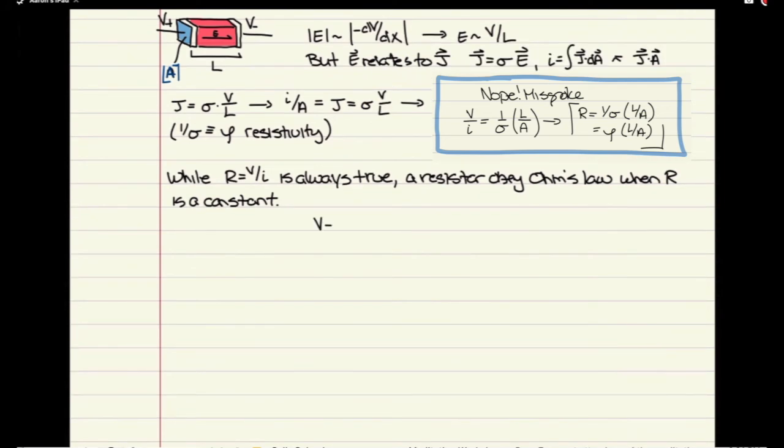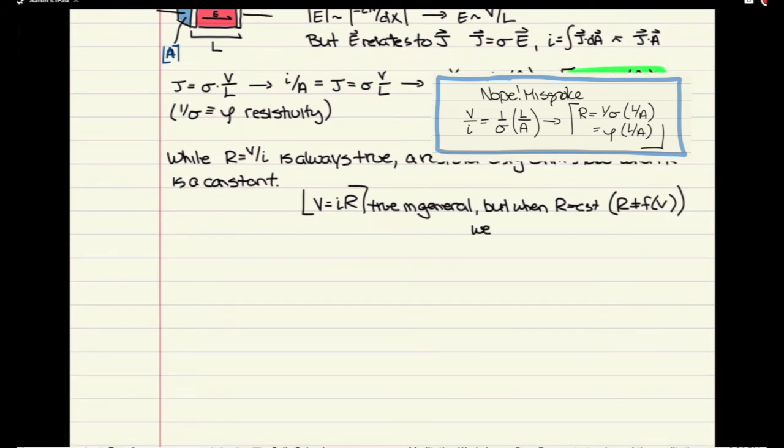So again, this V equals IR is true in general, but when R is a constant, or said another way, R is not a function of the potential difference across the resistor, we say the resistor is ohmic.